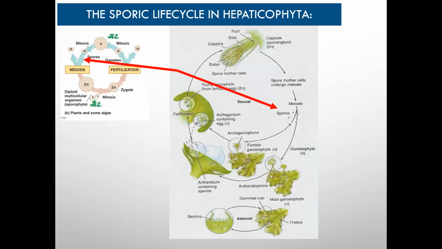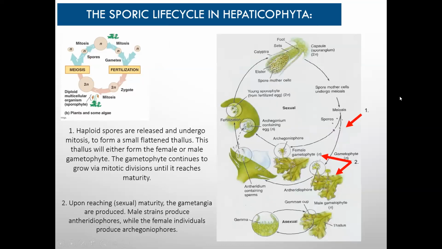So if we look at the life cycle of Hepatocophyta, the liverworts, and start with the spores, we're starting at a haploid single cell, and these are released into the environment, and under appropriate conditions, they'll form a small flattened thallus, and this thallus can form male, female, or sometimes both gametophyte gametangia, or the reproductive structures.